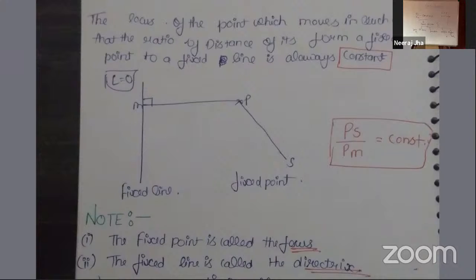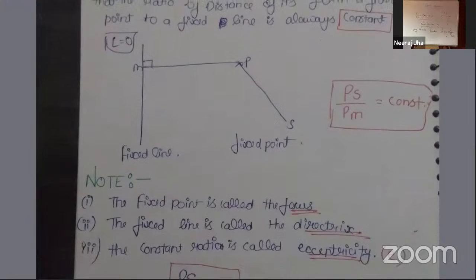Now we have two note points. All right, we'll write the note points. First note point is the line which is fixed. I mean the fixed line. This line is called the directrix. Here it is, second note. You can write it as first note also, no problem with that. The fixed line is called the directrix.